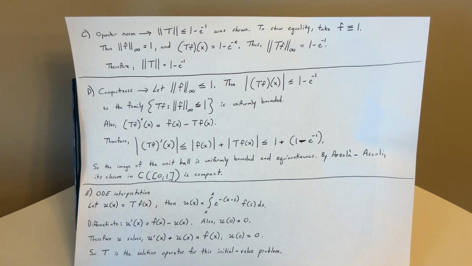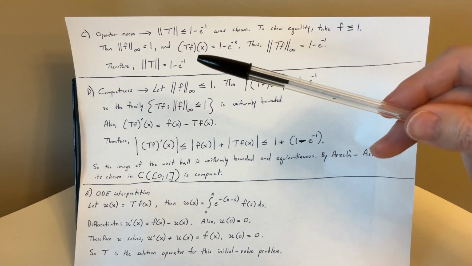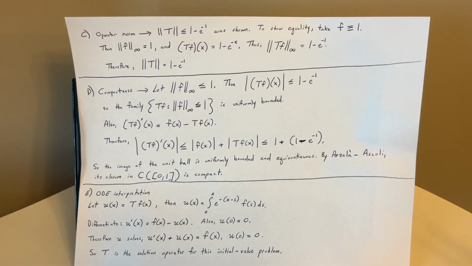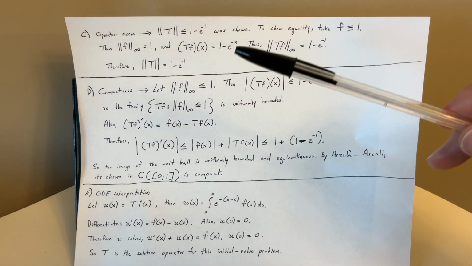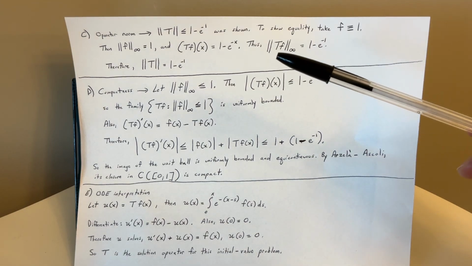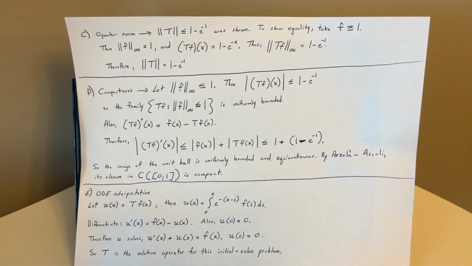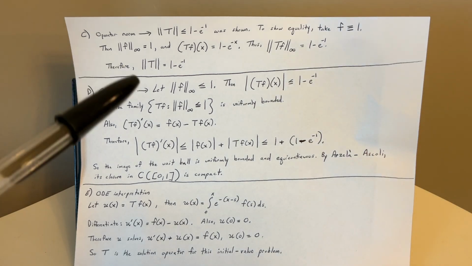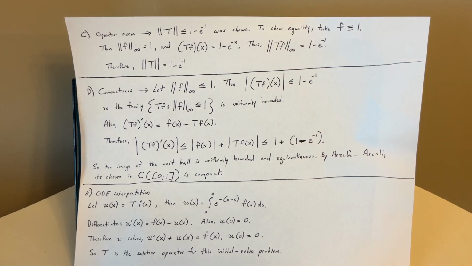To show equality, we take f with norm infinity equal to 1, and T applied to f at x equals 1 minus e to the negative x. Thus we get 1 minus e to the negative 1, and therefore the norm of T equals 1 minus e to the negative 1.